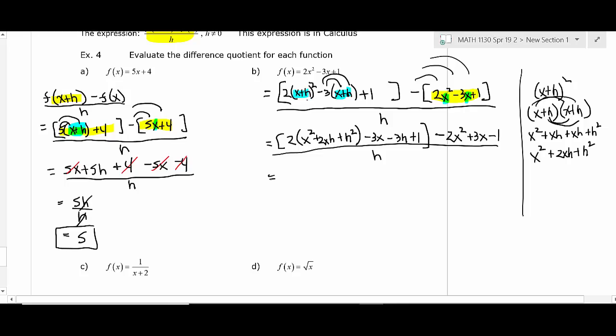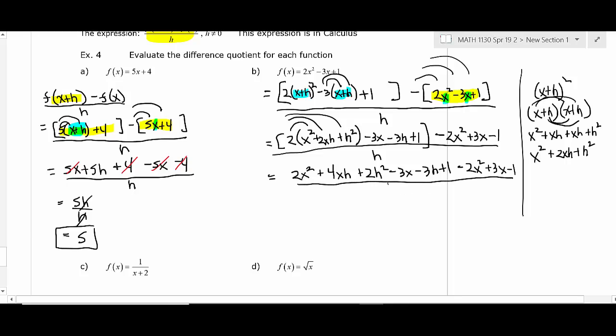A couple more key steps: I'm going to distribute the 2, so I'll have 2x squared, and then 2 times 2xh is 4xh, and then plus 2h squared. Then I've got minus 3x minus 3h plus 1, minus 2x squared plus 3x minus 1, all over h.